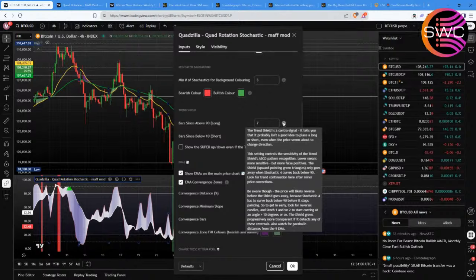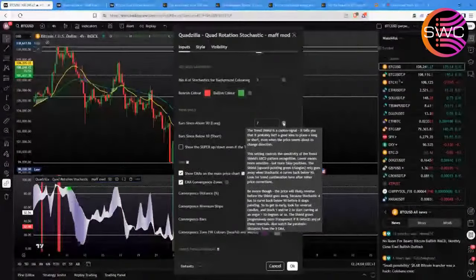So to get in early, look for reversal candles, and Stochastic 1 or Stochastic 2, wait for them to start curving. That explanation is what the transparency of the trend shields is based on.